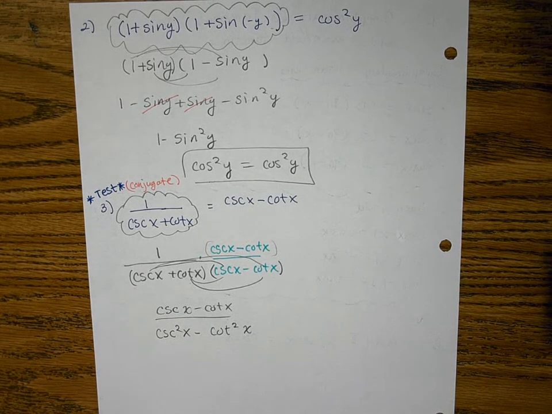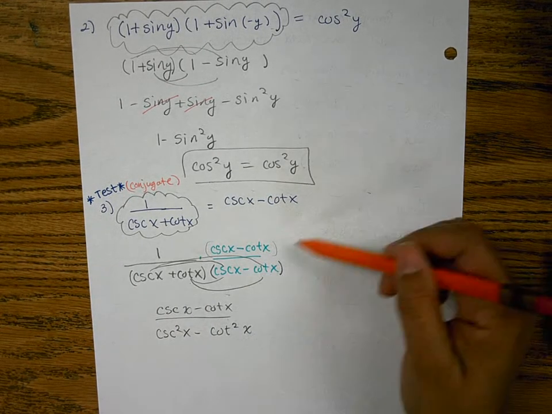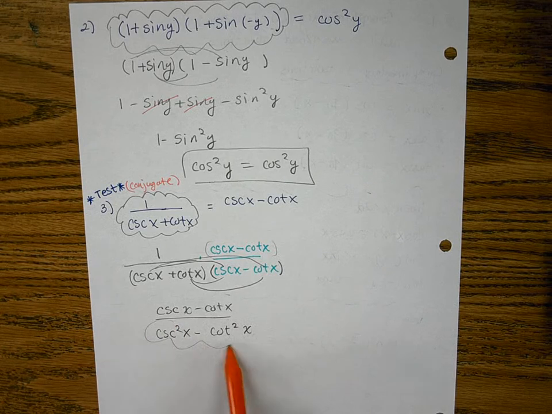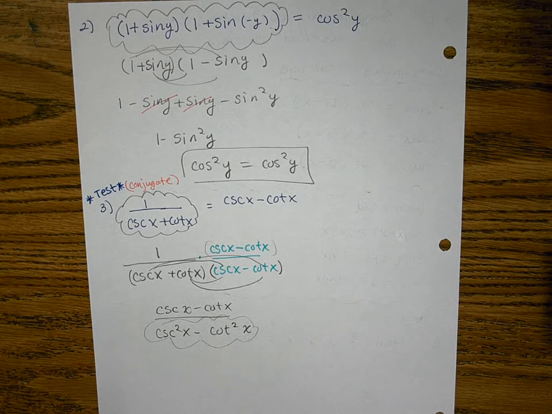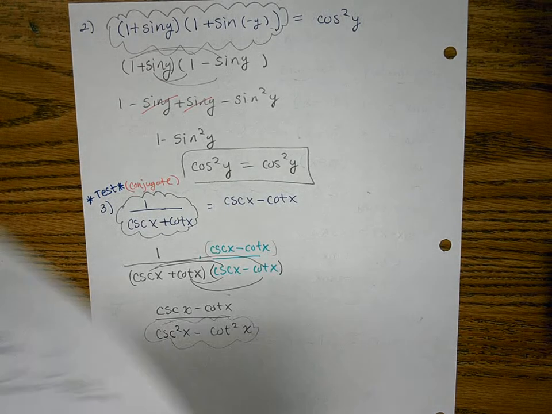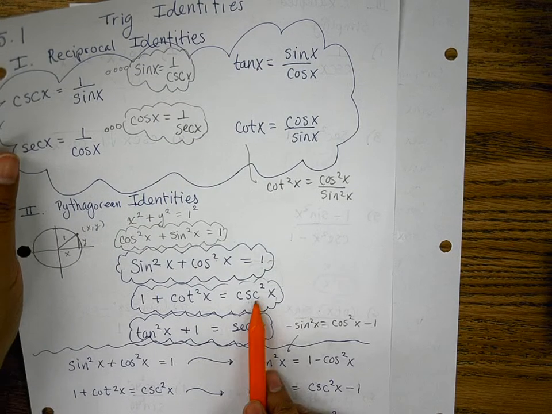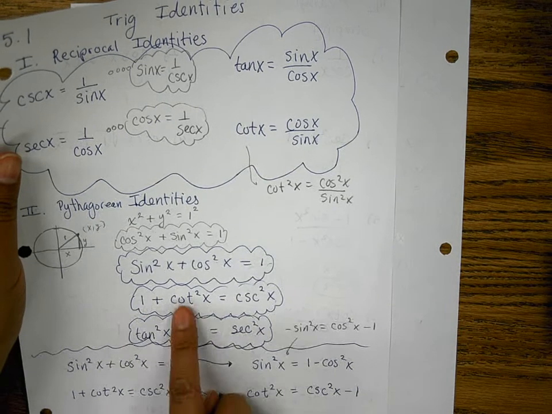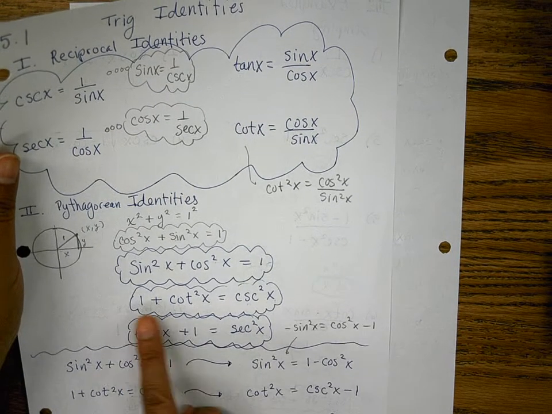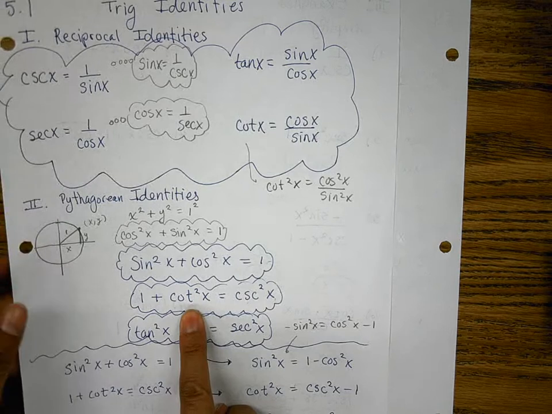Okay, I can see what I'm trying to get, and look here, look at your notes from last week, at your identities. Does cosecant squared minus cotangent squared equal anything? Cosecant squared minus cotangent squared indeed equals 1. If I move that guy over, 1 equals cosecant squared minus cotangent squared.